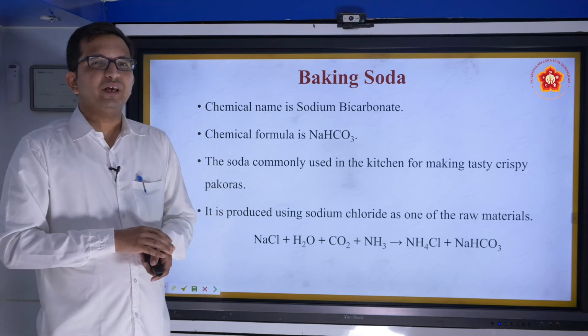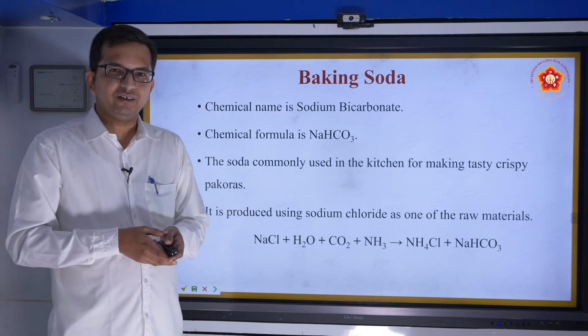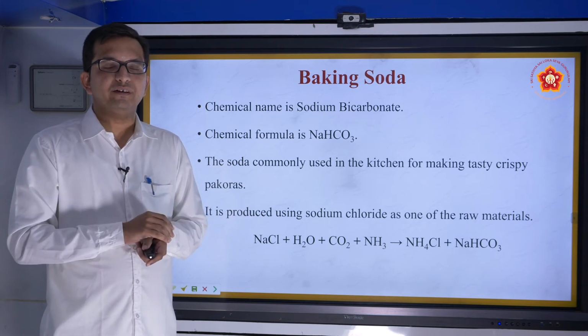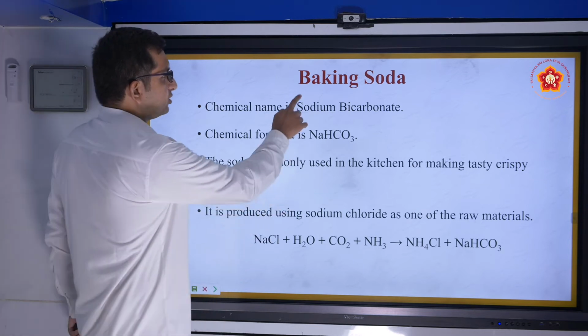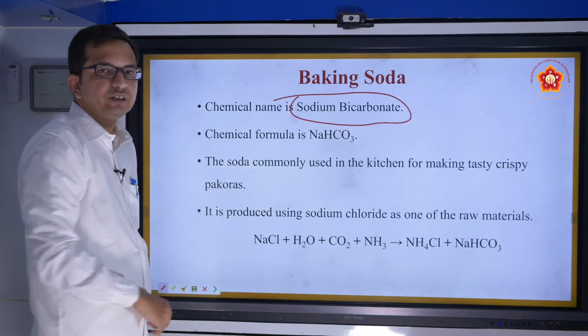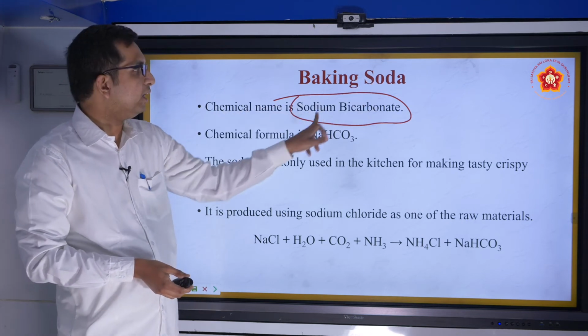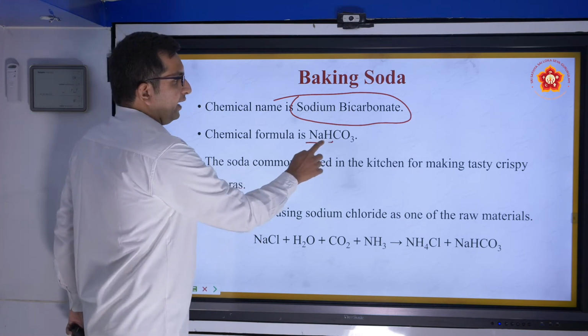Baking soda is used mainly in the food industry. When you eat a cake, it's pretty much fluffy in nature. Even when you eat bread, that is also a little fluffy. That fluffiness comes because this compound is added. So what is this baking soda? It is sodium bicarbonate, with sodium, H and CO3.